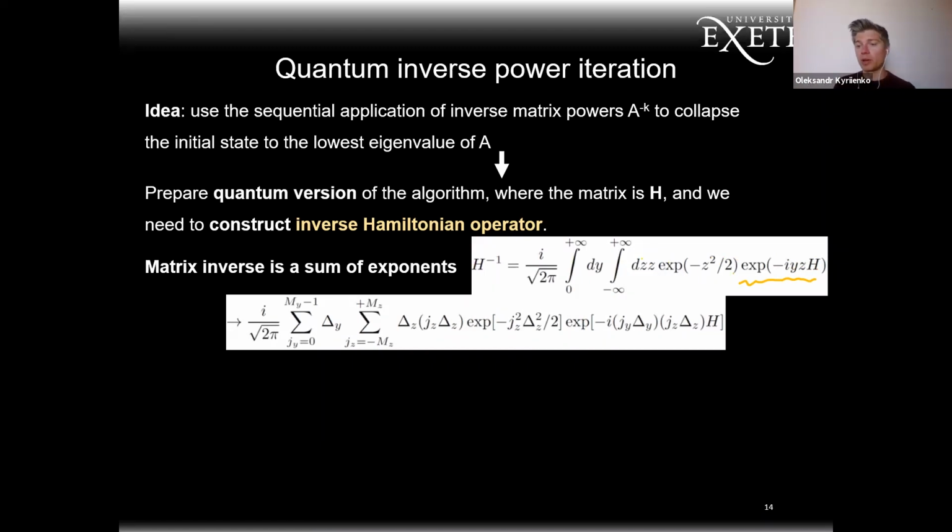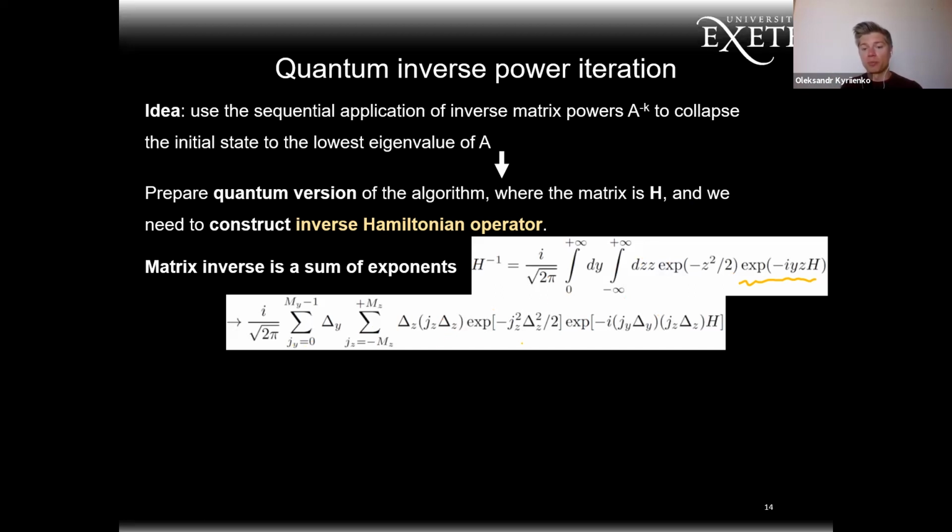So this double integration you could see as some filter that can convert it into the resolvent. And I can rewrite this integration as a summation with some step and some phase.